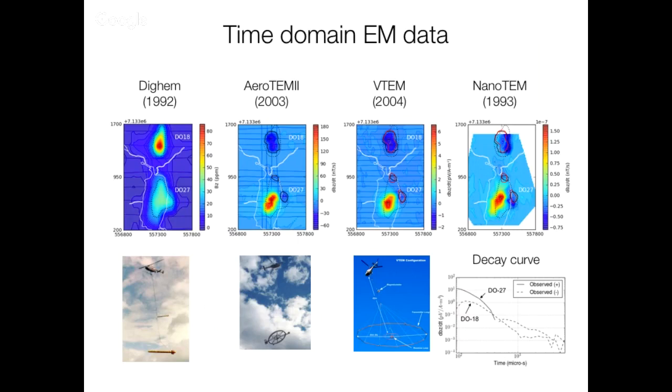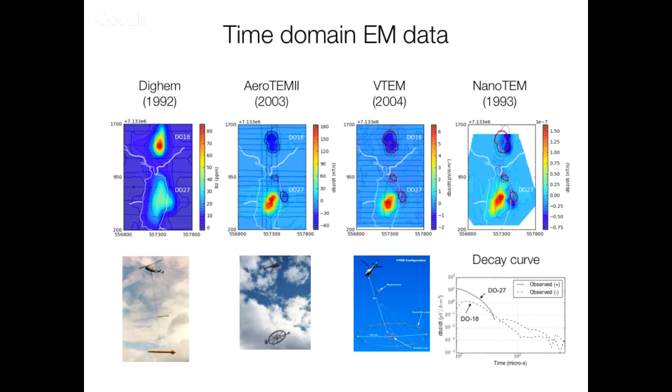So they flew over here and in a couple of other areas, and what they were getting is that at the earliest time that they could measure, they were just getting negatives. And at that point, they were really perplexed. Like, okay, what is causing this?